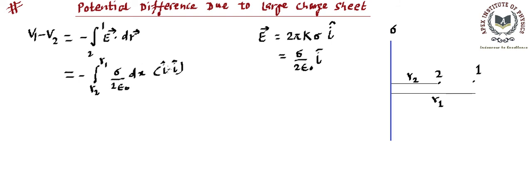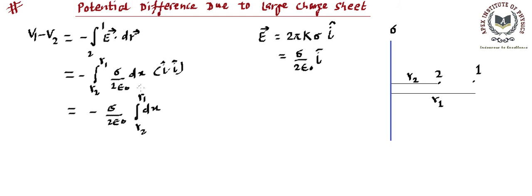So i cap dot i cap will become 1, and this will turn out as minus σ/2ε₀, that's σ, and the integration of dx, and this integration runs from r2 to r1.